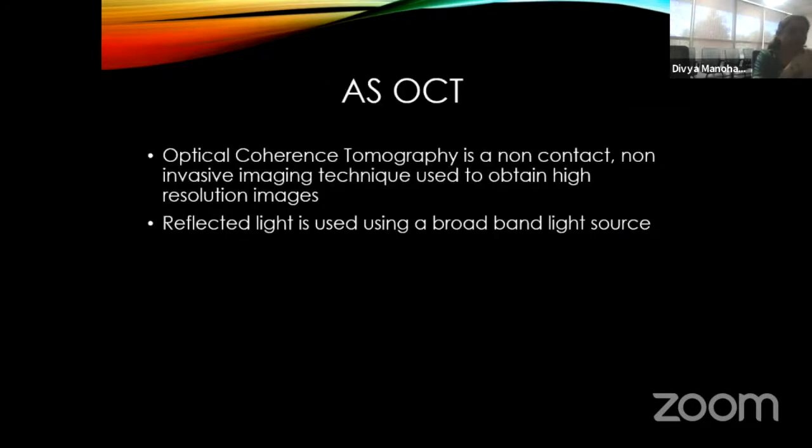Now coming to the anterior segment optical coherence tomography technique. This was introduced for imaging the retina, and advancements in longer wavelength light sources have enabled high-resolution cross-sectional anterior segment imaging. Optical coherence tomography, as we all know, is a non-contact, non-invasive imaging technique used to obtain very high resolution images.